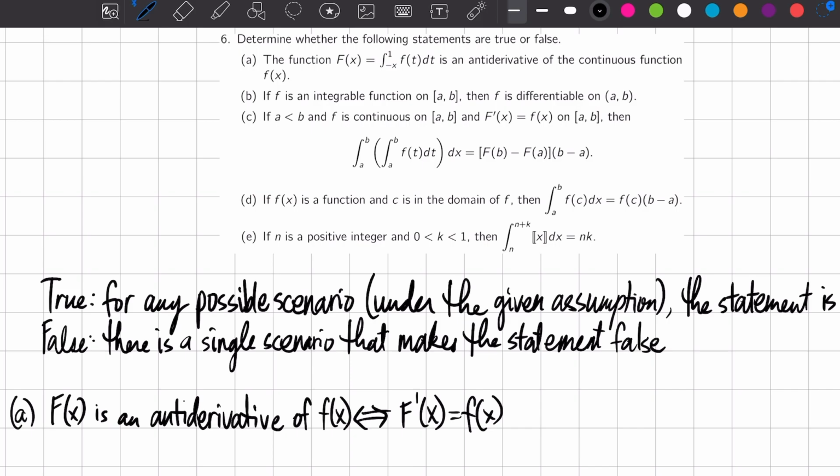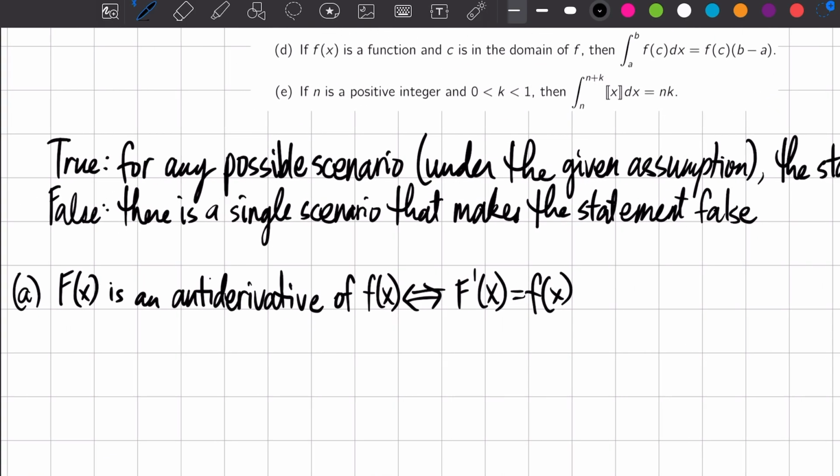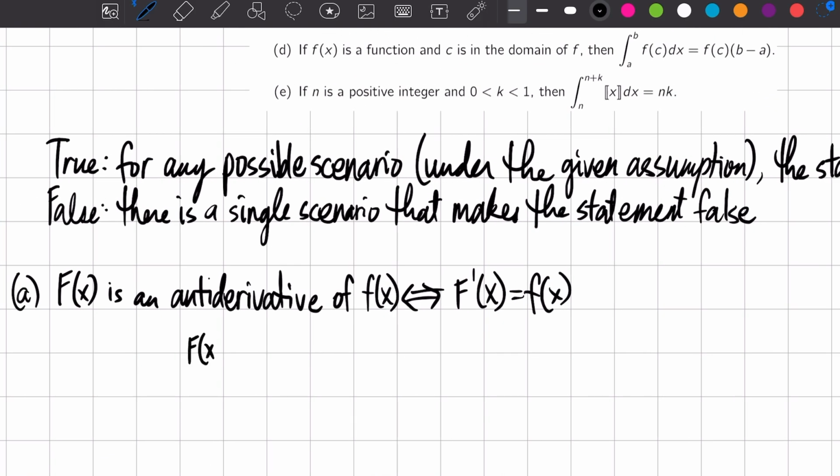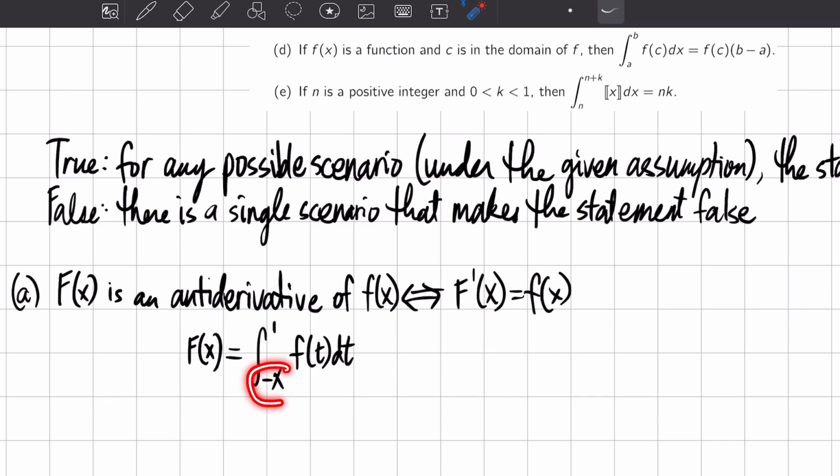right here. So we are given F of x equals the integral from negative x to 1 of f of t dt. So to obtain this derivative, if you will recall from a while ago, we have to make sure that the bottom bound is a number and the top bound is a function.